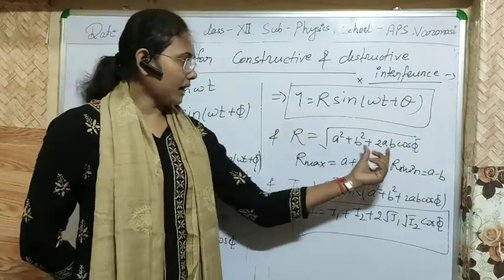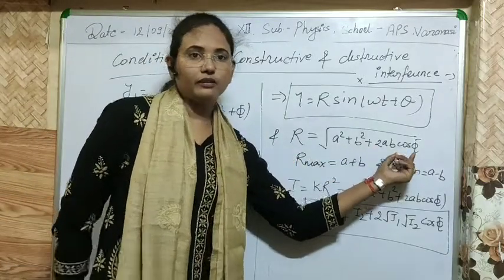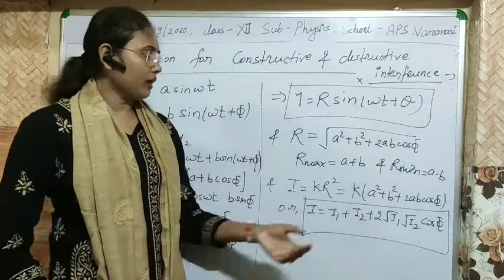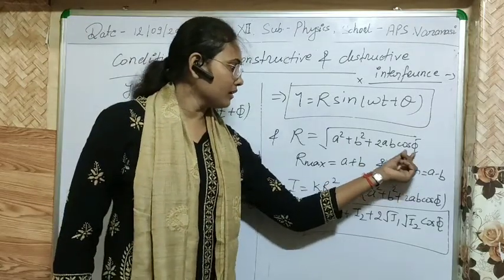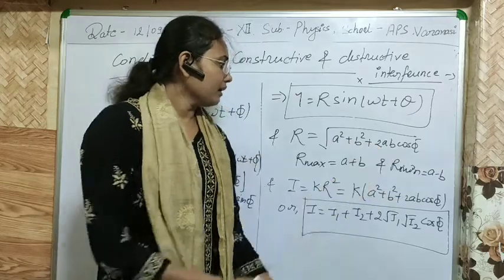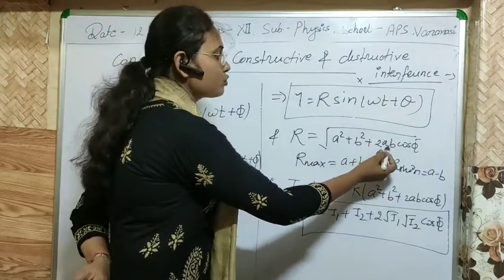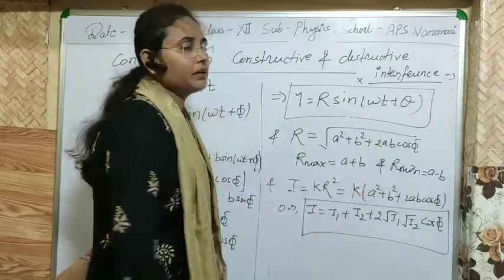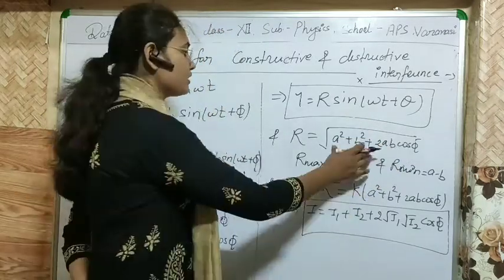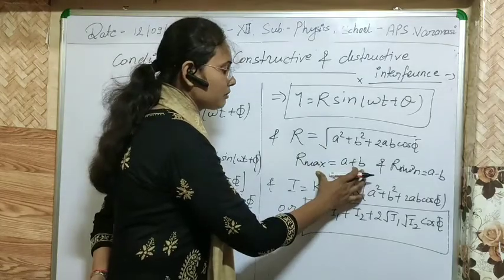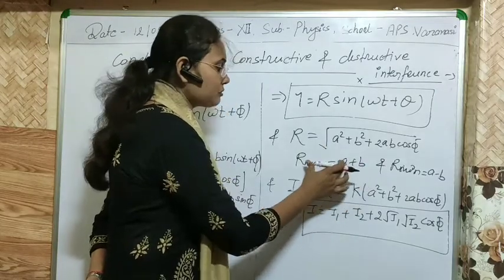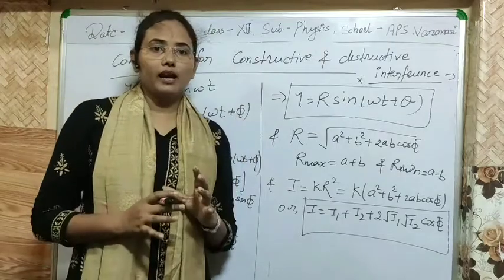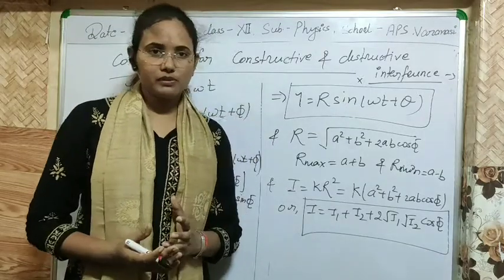For the maximum value, cos phi equals plus 1. Then the expression is a squared plus b squared plus 2ab, which is (a + b) whole squared, so r maximum equals a plus b.